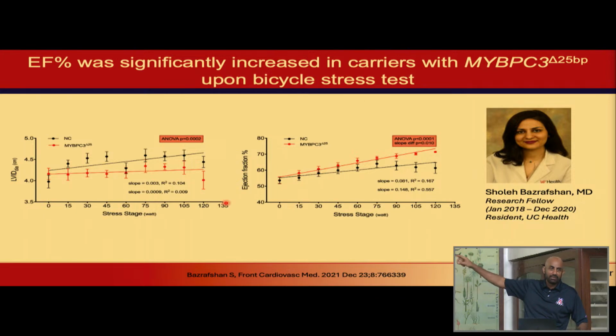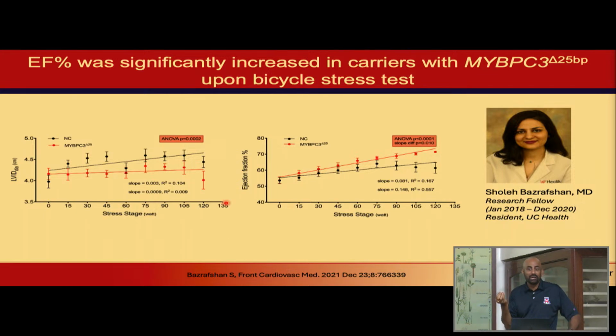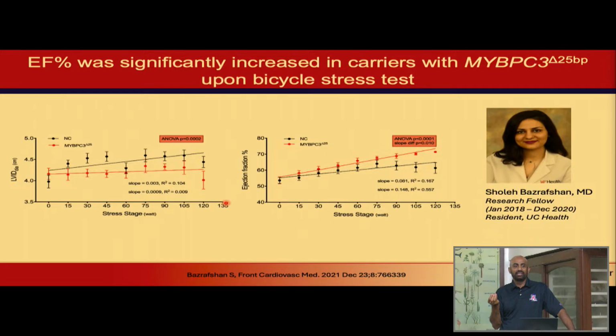That tells us that at the subcellular level you have the phenotype, but it's not enough to show at the bigger organ level in a normal baseline condition. You need extra stress to show that. So this was a striking study.